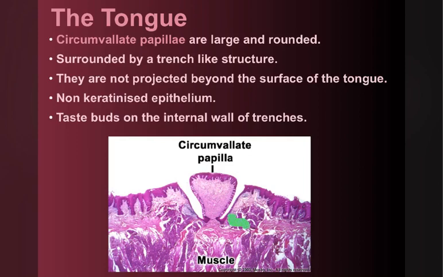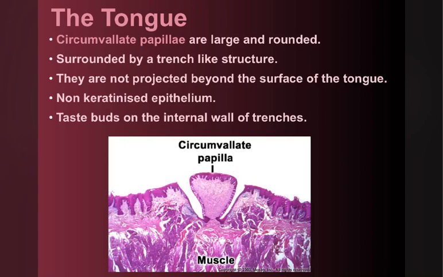The gland empties its secretions at the bottom of the groove or trench, and this is important for continuously flushing the trench so that food debris and bacteria and germs do not accumulate in the trench area.